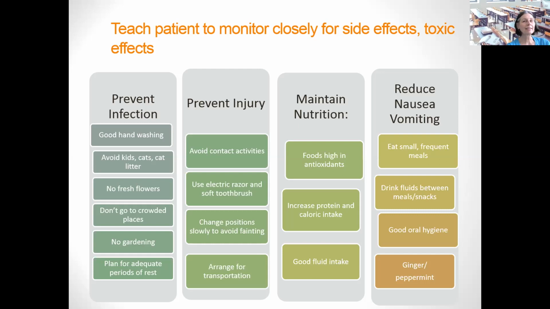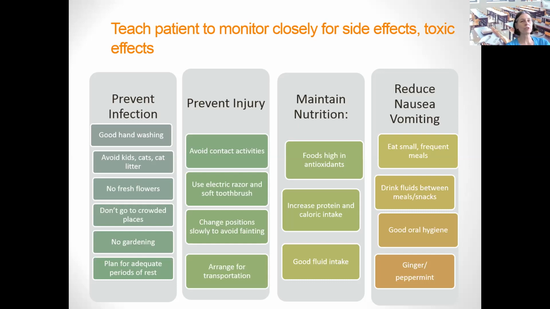We want them to maintain their nutrition. So high antioxidant foods are good for cancer prevention and maintenance. Antioxidants are foods like cruciferous vegetables, citrus vegetables, foods that are high in vitamin C, vitamin E. Those types of foods are antioxidant. They get rid of that free radical oxygen that is damaging to tissues. So it's really good for that.